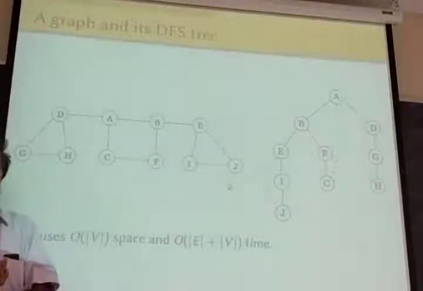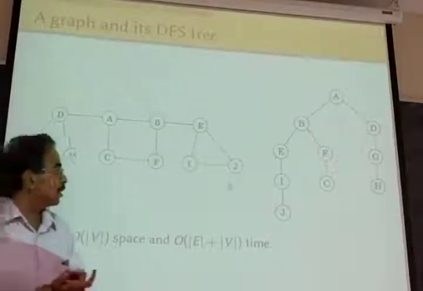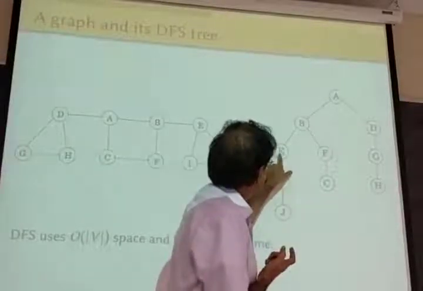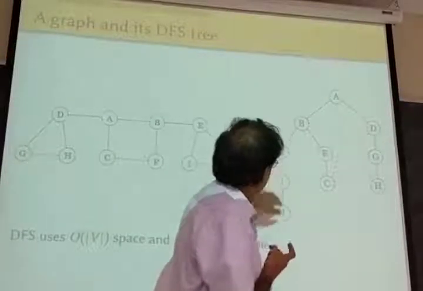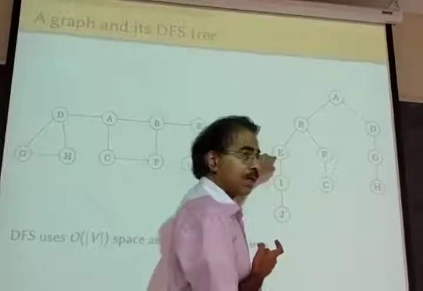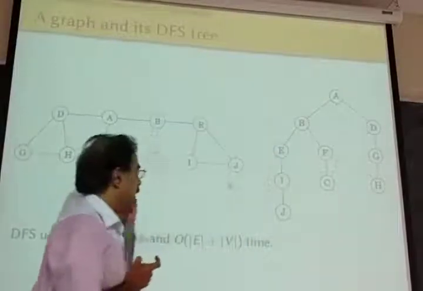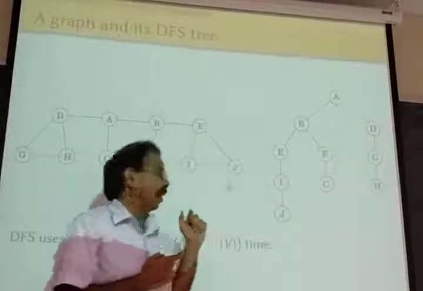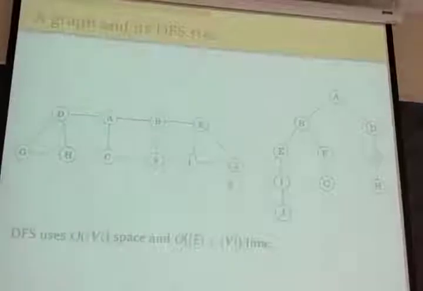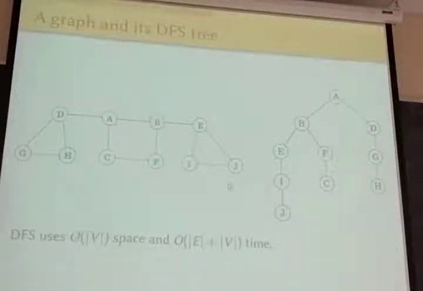So when it has a connection to E, E has already been visited, so this is not going to be a tree edge, okay? So we call this edge a back edge because it goes from a child to an ancestor in the DFS tree, okay?